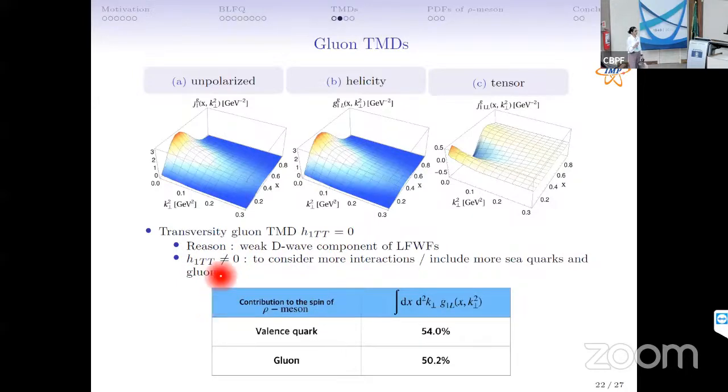This can be non-zero if we consider further Fock sectors and include more interaction terms. By integrating this over x and k perp, we have found that the valence quark contribution to the spin is like 54%, and the gluon spin contribution is around 50.